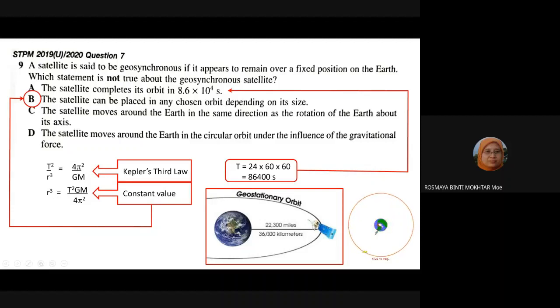You can calculate these two values on your own. If no questions, it means you understood this question 9. So we go to number 10.